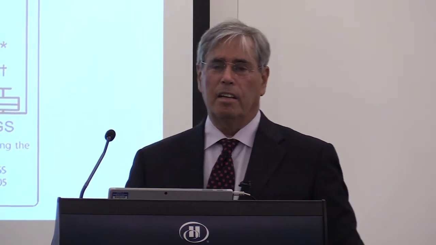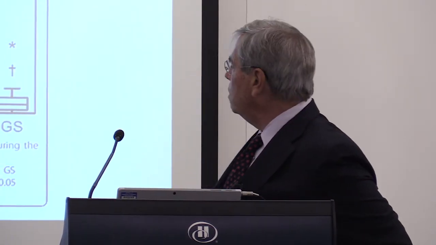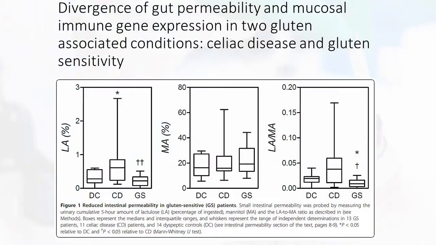So what's interesting is that the people who have gluten sensitivity actually don't have leaky gut. Certainly the people with celiac do, with more of that lactulose leaking in through the gut. So what does that all mean?